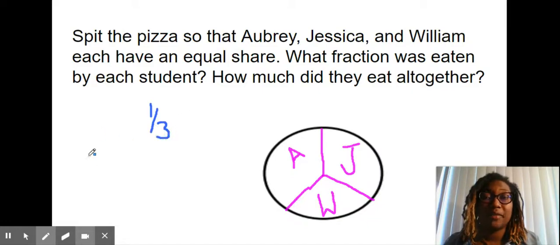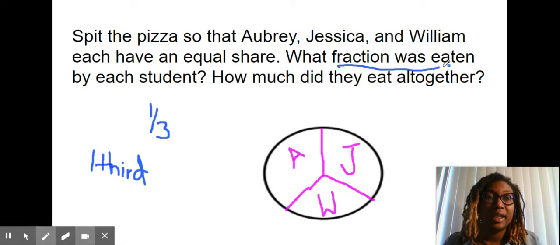So that's how we write that in fraction form, or words, 1/3. Okay, so that is the fraction eaten by each student.